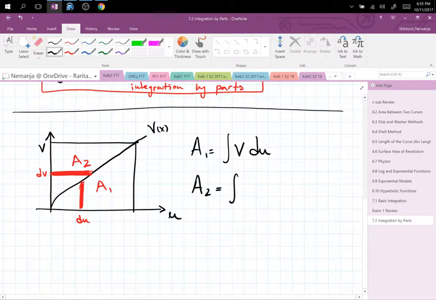So you have integral of u dv in that case. And you also see that the entire area, the total area AT, is u times v.